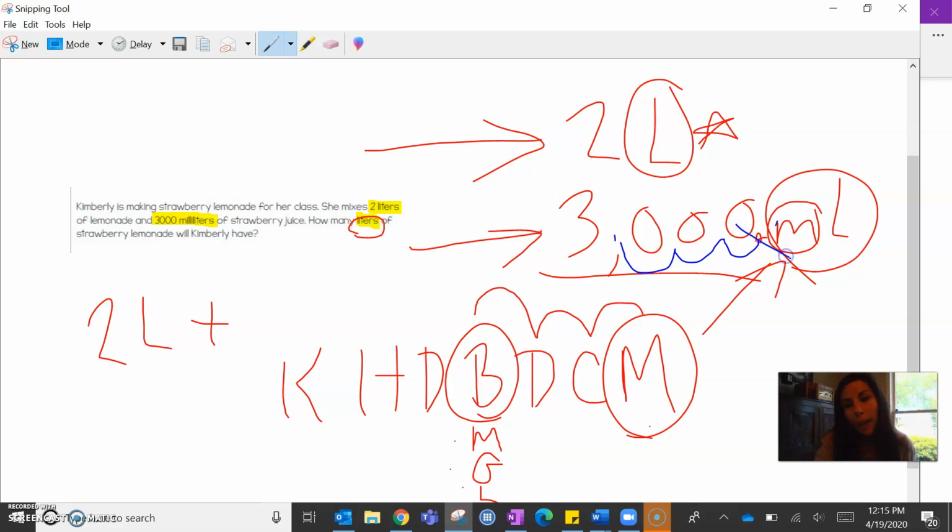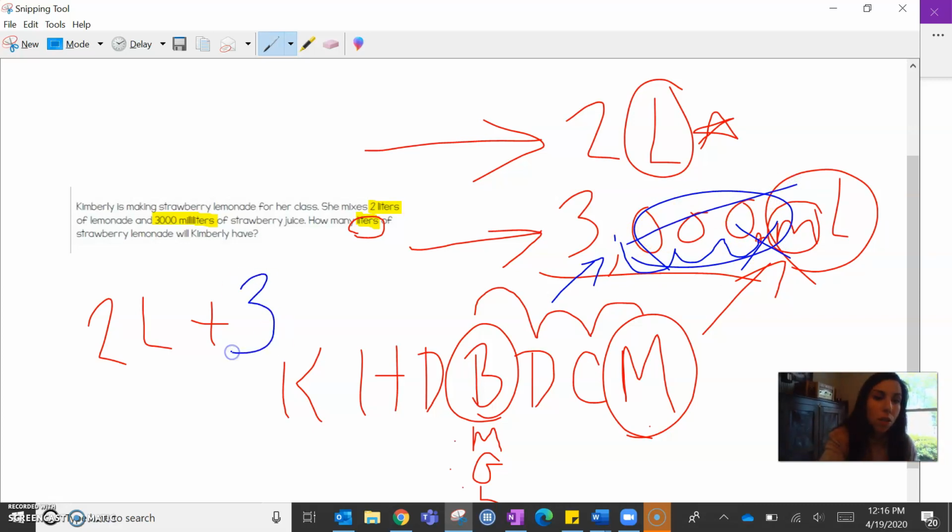So how are we going to write this number? 3.000. We know that every whole number has an invisible decimal to the right of the ones place. So if the decimal is right after the 3 in the ones place, we don't have to include these zeros, because that's just 3 liters.